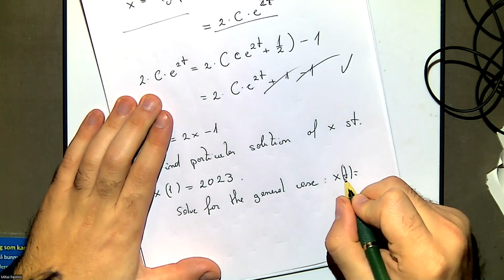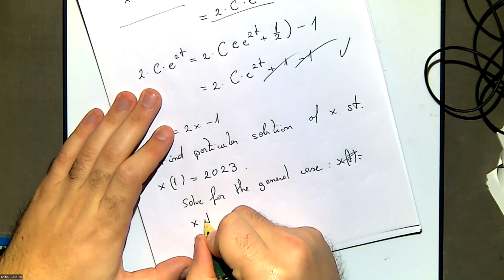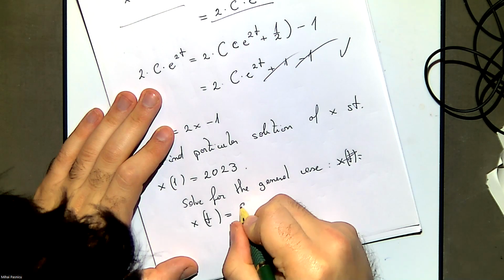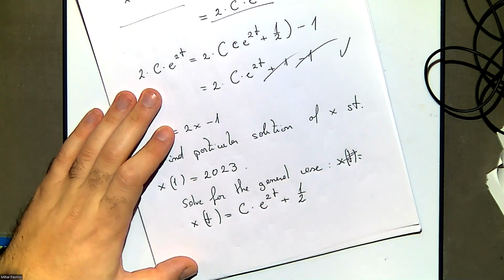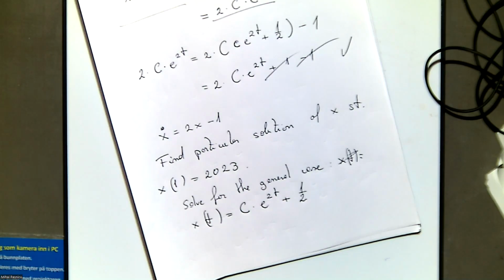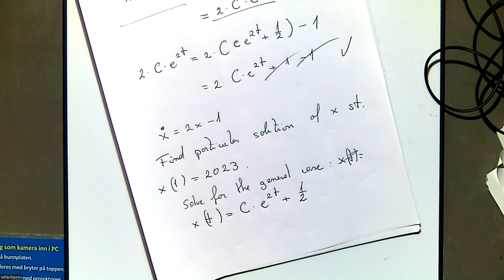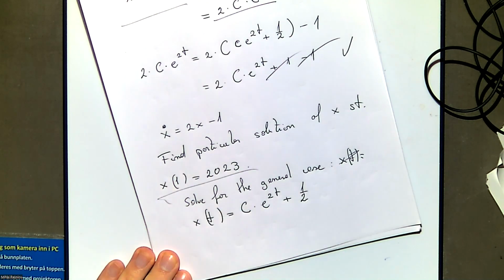So let's write it here. C e to the power of 2t plus a half. Okay, so we solve for the general case and we get this general case. And what do we do now is we just plug in these numbers.